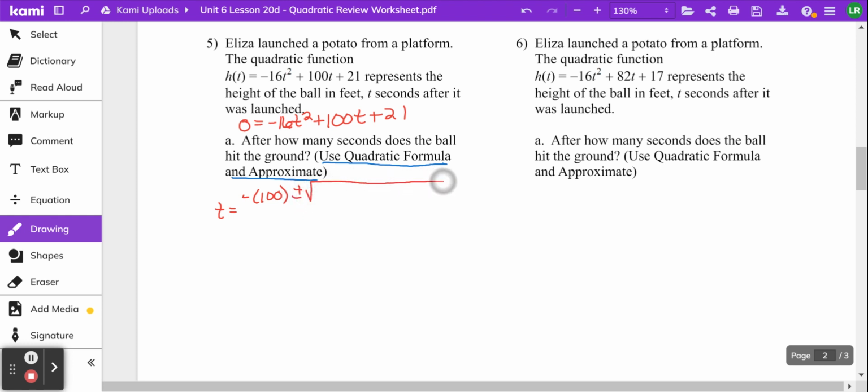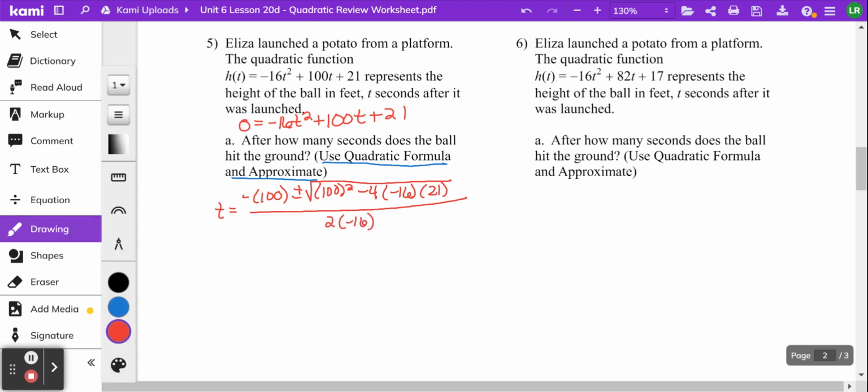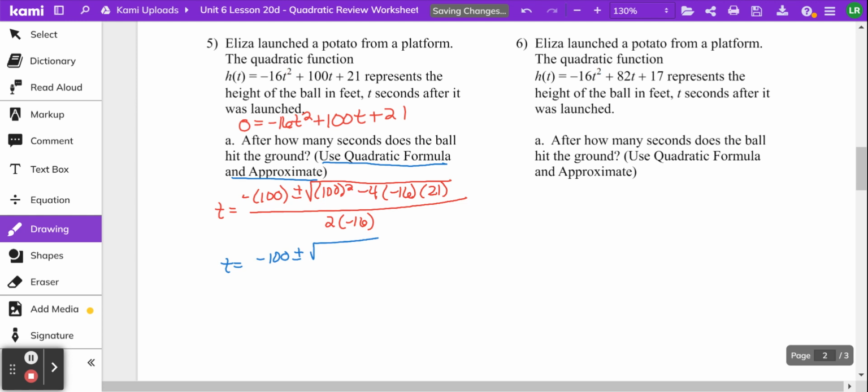Square root of 100 squared minus 4 times negative 16 times 21. This is all over 2 times negative 16. Now the next line we do need to write is we're going to clean this up. Negative 1 times 100 is negative 100.